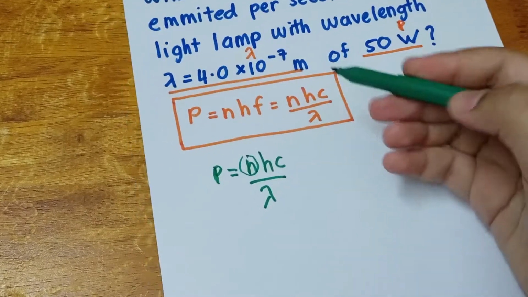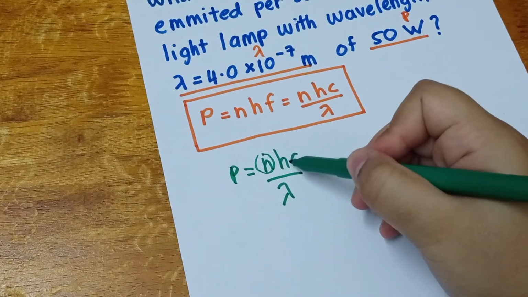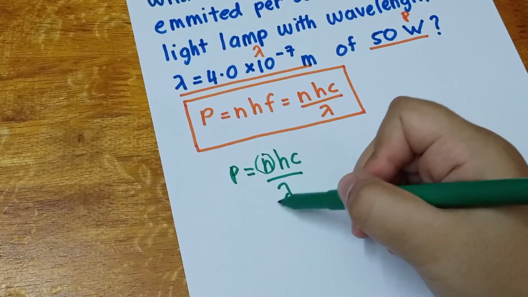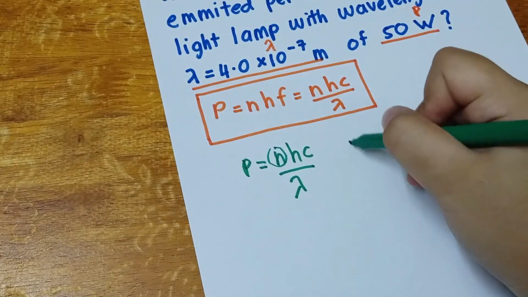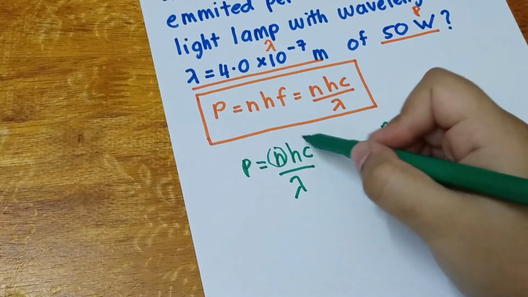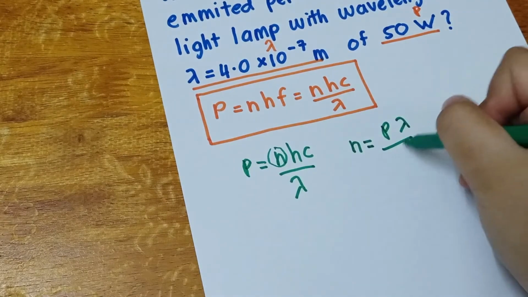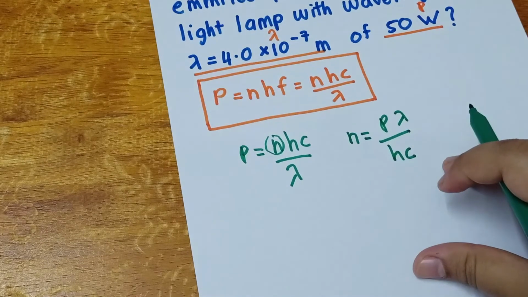We want to find the N. So we bring all the other terms to the other side. N is equal to P lambda over HC. This is the formula that we are going to use.